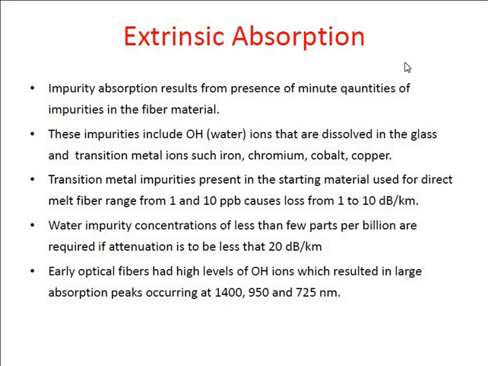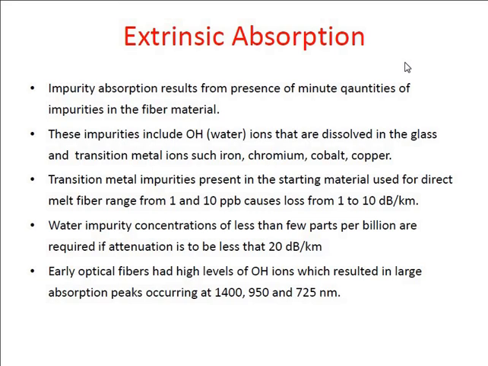Electron transition occurs between two energy levels. So when there is any incompletely filled inner subshell of these ions, or any charge transition from one ion to another ion, that means there are transition metal impurities there. So due to this, absorption will occur.